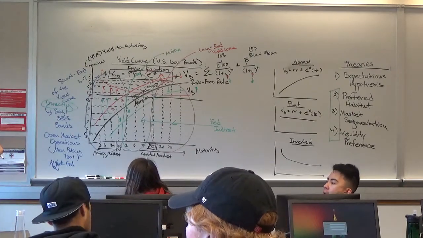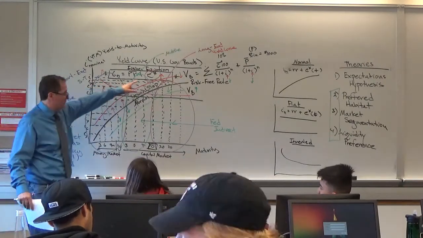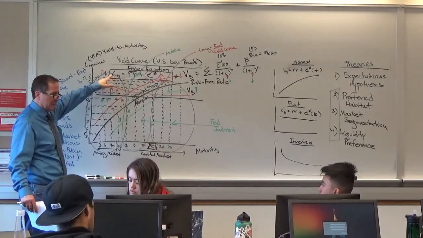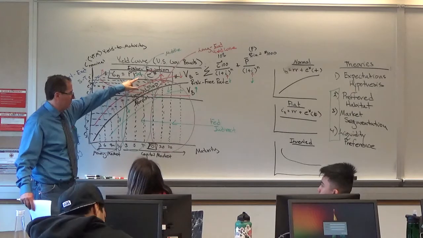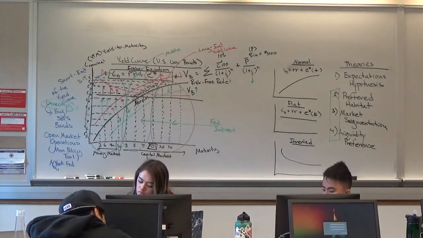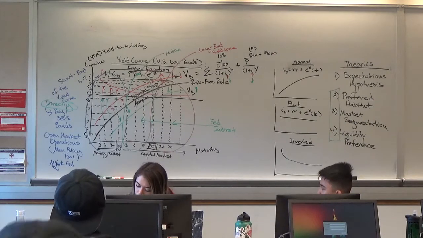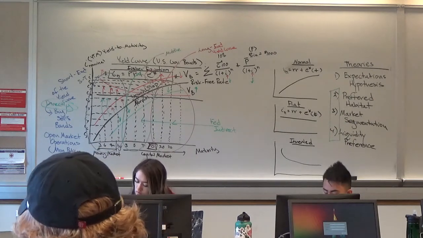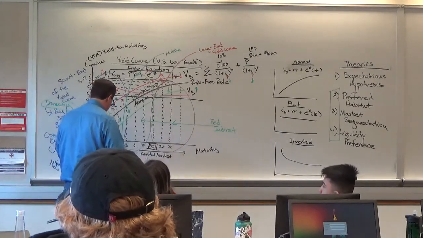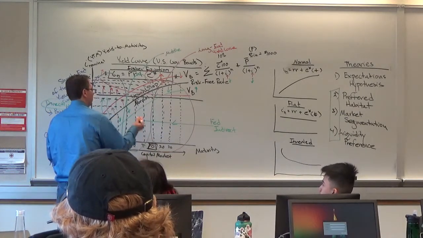Then you want to write your Fisher equation up here. So IN, which is the nominal interest rate, equals the real rate plus inflation expectations. Now, the first thing you want to do is to shift the yield curve upwards.